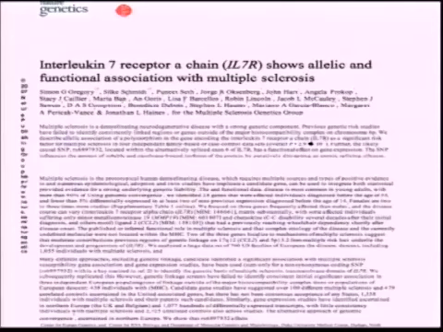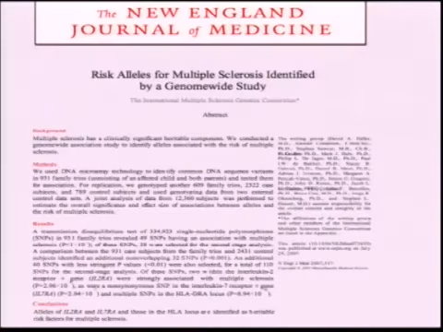But they found these genes, IL7R here, and in fact, last year there were 3 outstanding papers about this, and 2 are in Nature Genetics. And the one they actually point out is this paper in the New England Journal of Medicine.